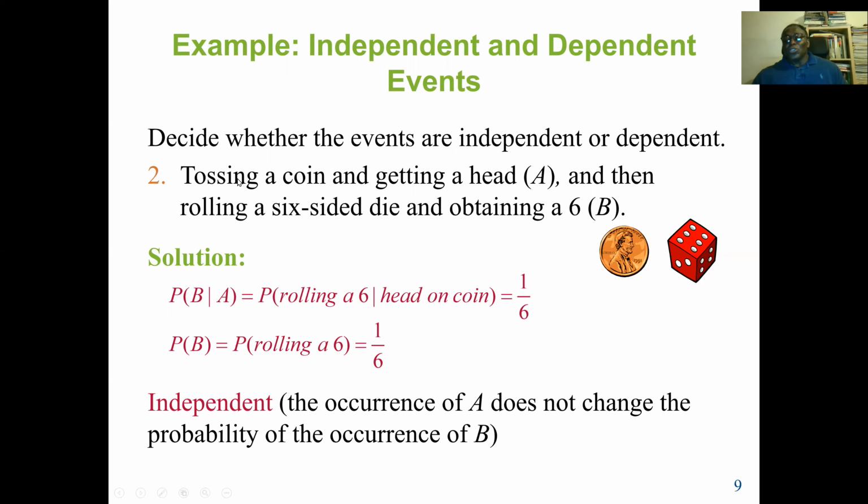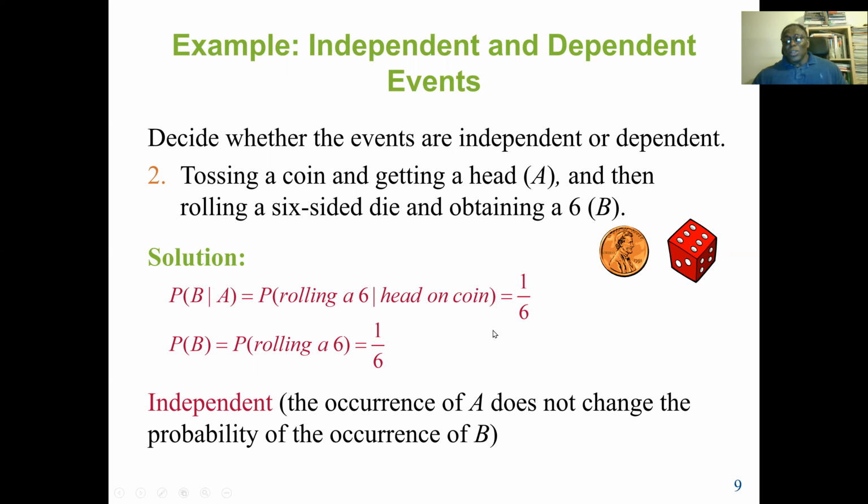Because the question says tossing a coin and getting head is the event A, and then rolling a 6-sided die and obtaining 6 is event B. So we can see that event B doesn't have any effect on event A, or event A also doesn't have effect on B. So here we say they are independent.